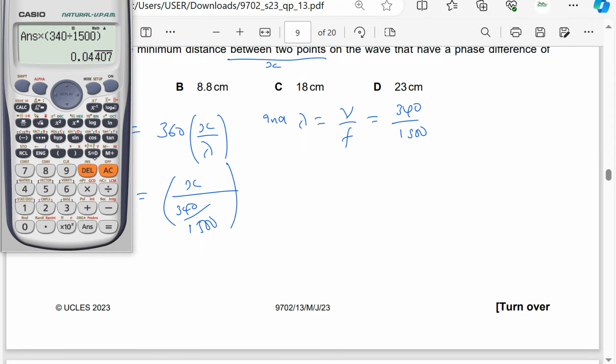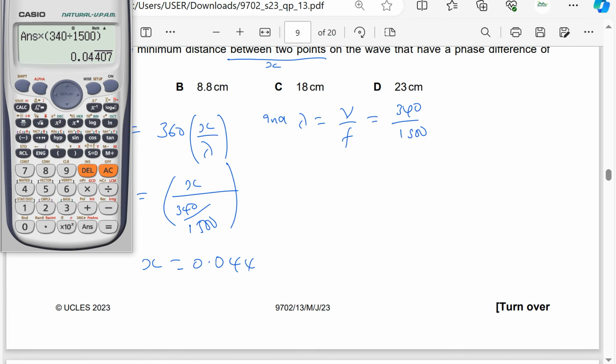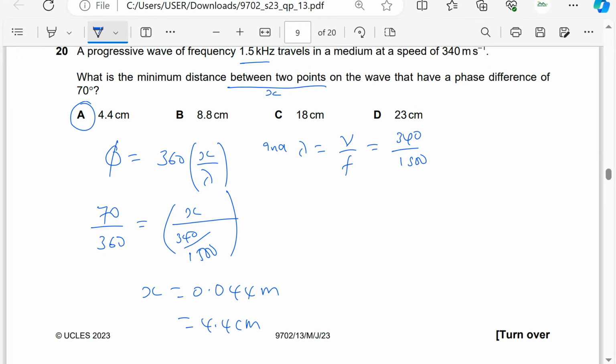So x is 0.044 meters, which is the same as 4.4 centimeters. So the answer is going to be A.